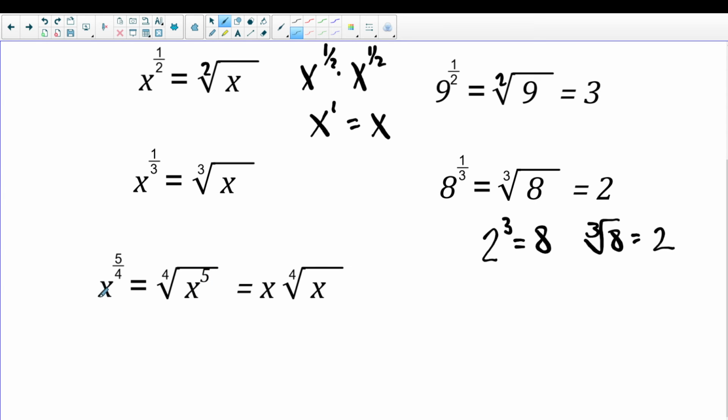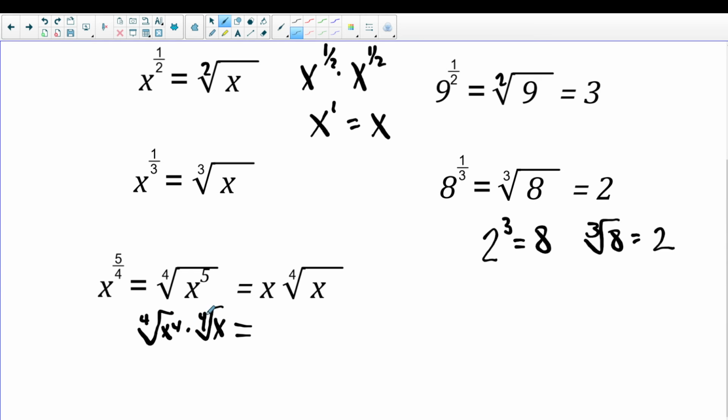So this would mean the fourth root of x raised to the 5th power. So x to the 5th power. And so I could actually say that this is the fourth root of x to the 4th times the fourth root of x.